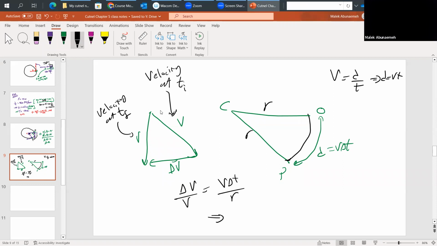Which means if we take this, we have dV over dt, and we rearrange this. What do you get? We get V squared over R. Now, what's your change in velocity over change in time? That's going to be your acceleration.